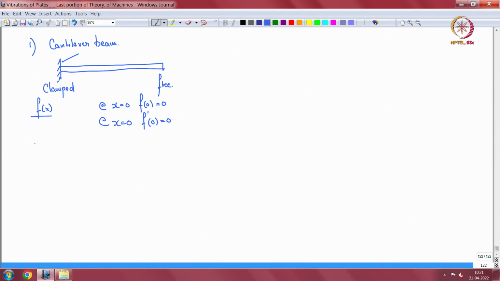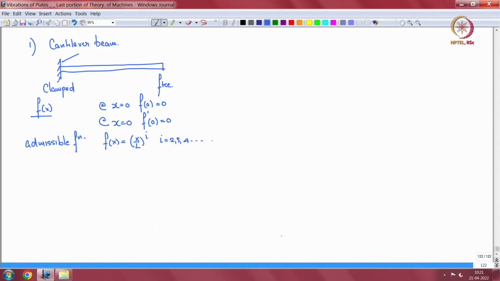So the admissible functions are f of x is equal to x by L to the power i, i equal to 2, 3, 4.